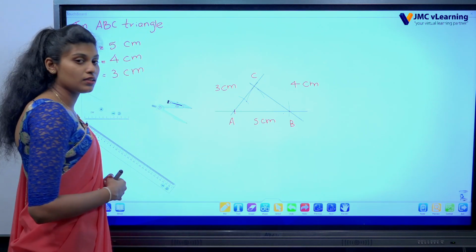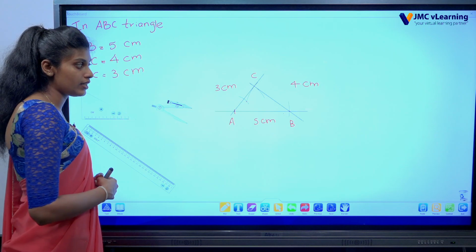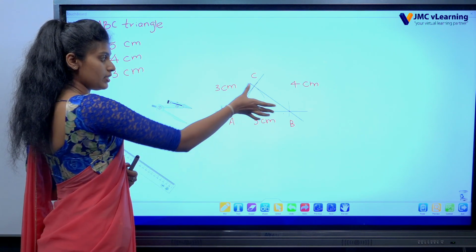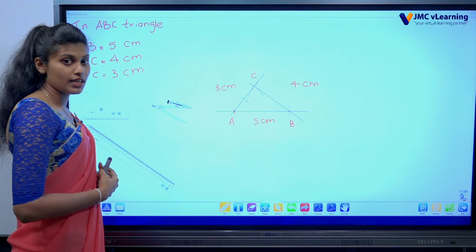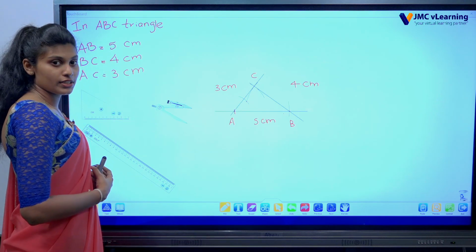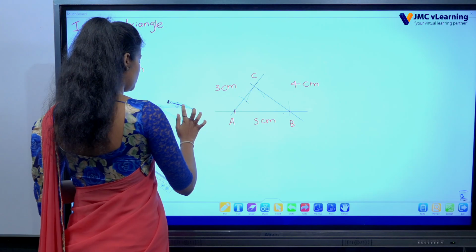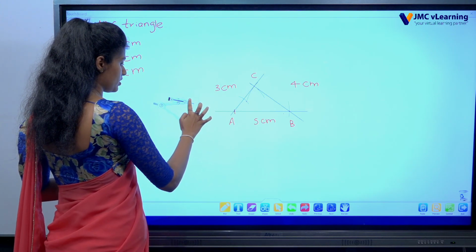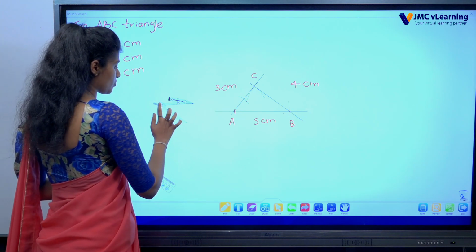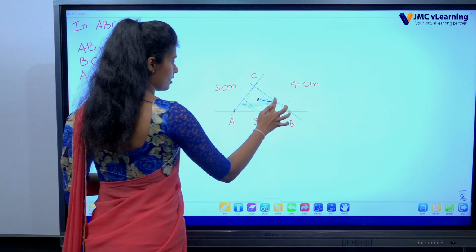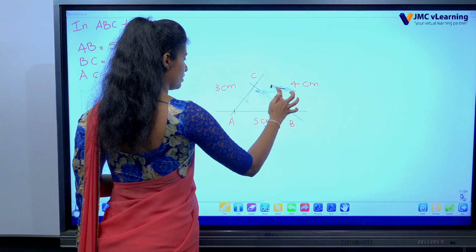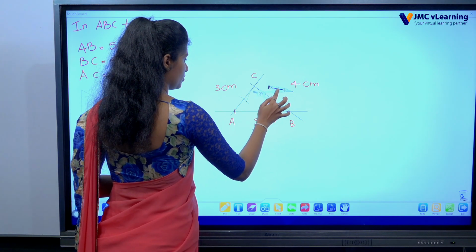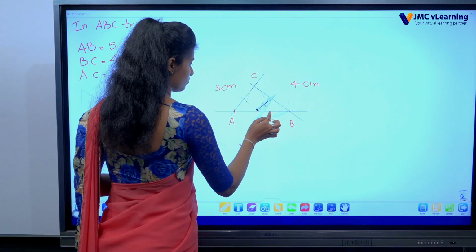And let's mark the midpoint of BC line. Where is the midpoint in BC line? BC is 4 cm, then midpoint is in 2 cm. Let's measure 2 cm using the compass and let's draw that 2 cm.